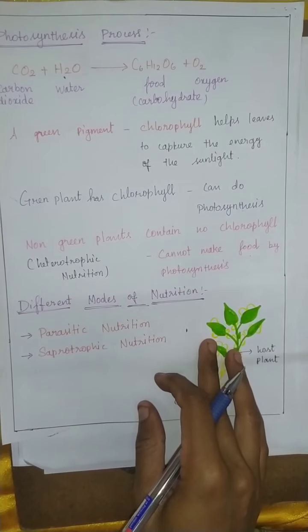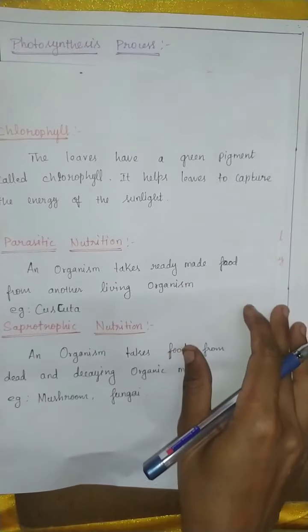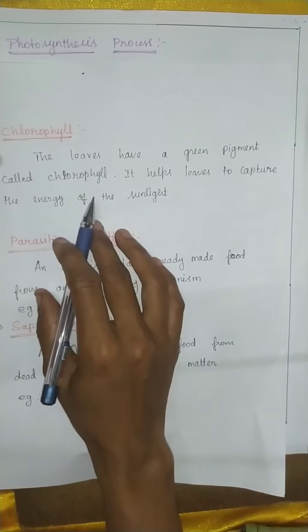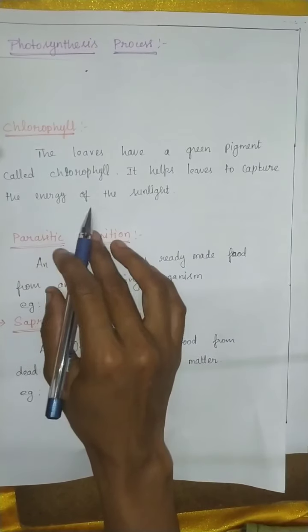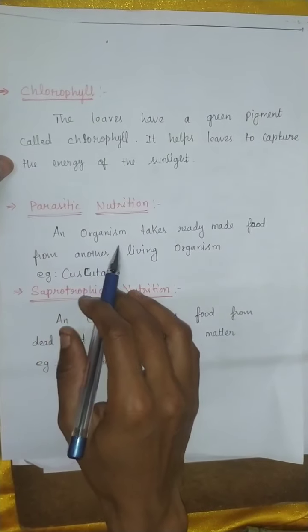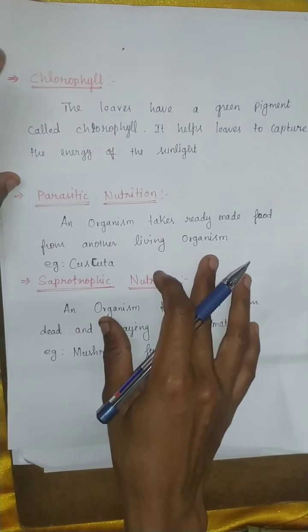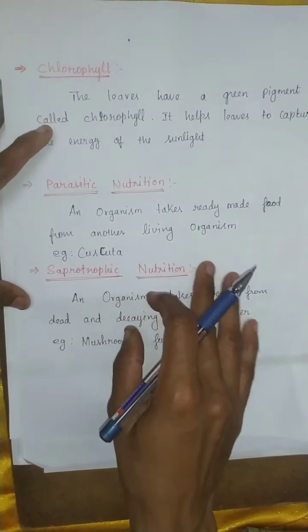Let's revise. What is chlorophyll? The leaves have a green pigment called chlorophyll. It helps leaves to capture the energy of the sunlight. What is parasitic nutrition? An organism takes ready-made food from another living organism. Example, Cuscuta.